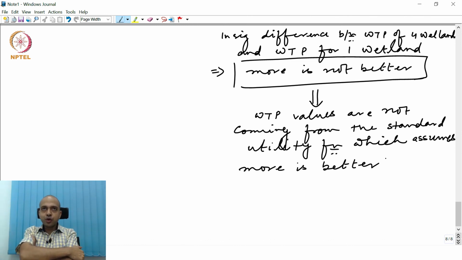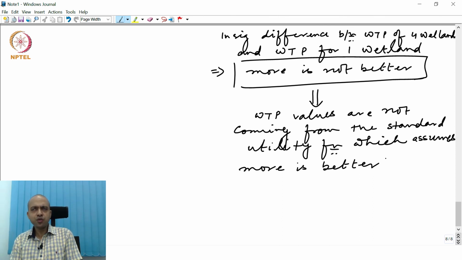Why is it called part-whole bias? Because we believe one wetland is actually a part of 4 wetlands. Or for example, let's say I'm talking about biodiversity, the biodiversity of a forest consisting of several flora, fauna, many things. So for example, I ask the respondent, what is your willingness to pay for protecting one species, let's say deer, in a forest? And the individual says 150 rupees.